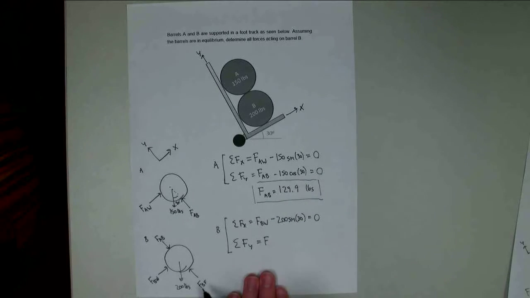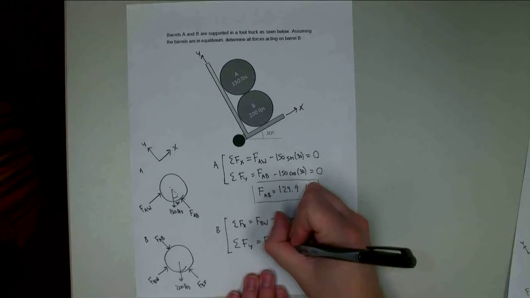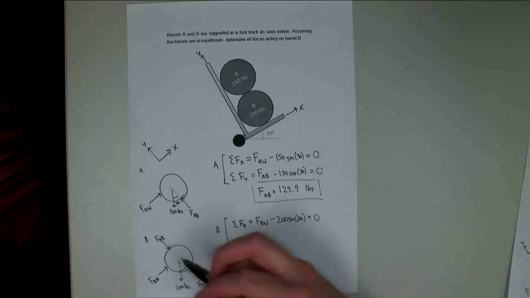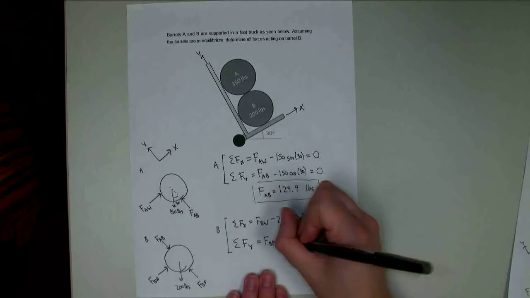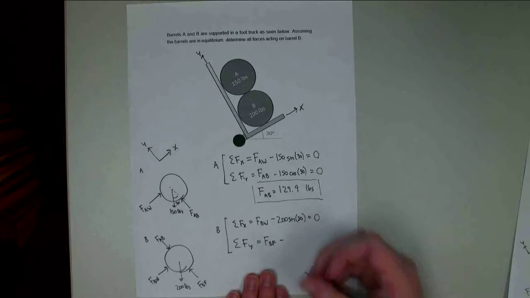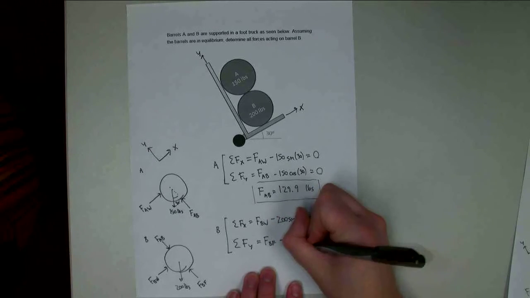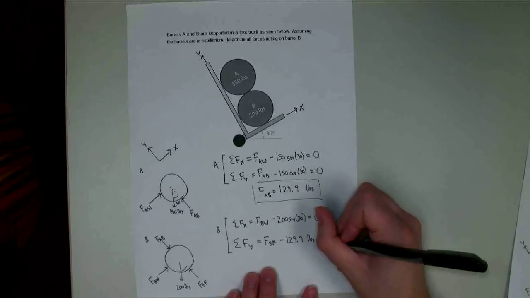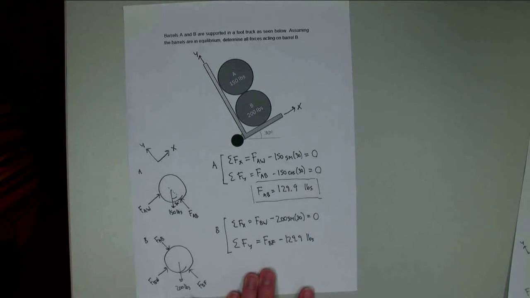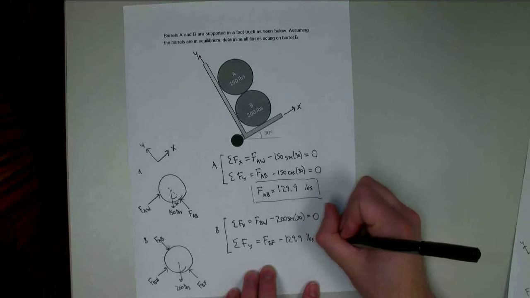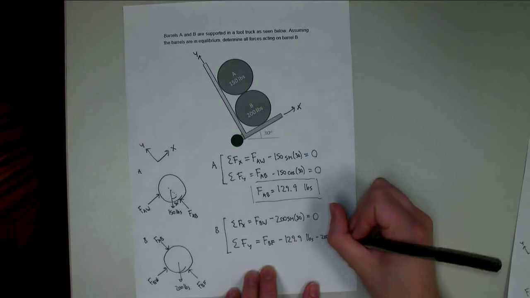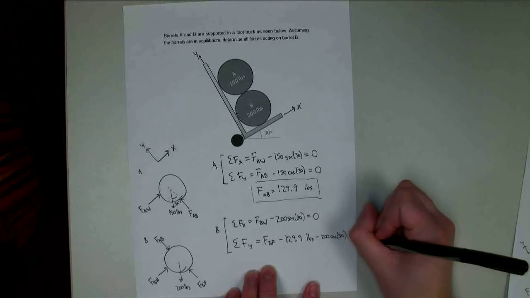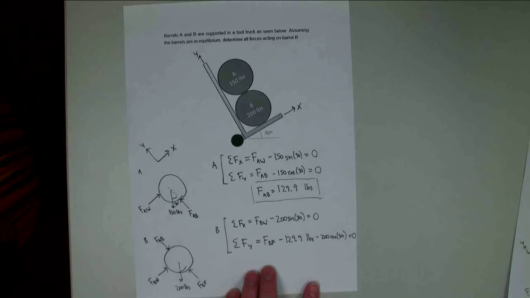I've got FBF down here. That's in the positive y direction. I'm going to have FAB pushing down, and I know that is 129.9 pounds. And I also have the y component of this 200-pound force, so minus 200 times the cosine of 30. And that sum is equal to 0.